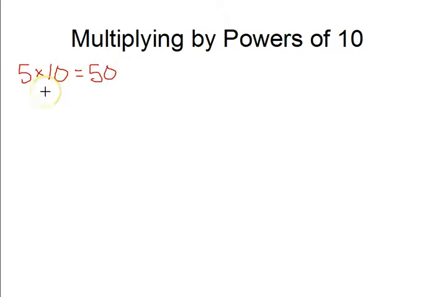And what I tell you guys is to just slap a 0 on the end of it anytime you are multiplying by 10. So if this was 57 times 10, then this would just become 570. All you need to do is just add a 0 to the end of it.